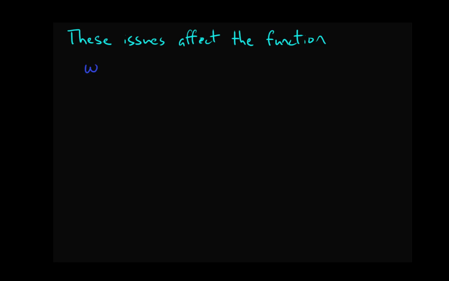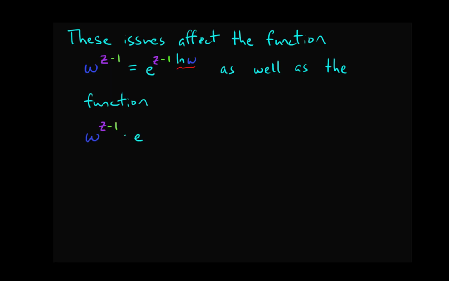For starters, just take the function w to the z minus 1. This would equal e to the z minus 1 times the natural log of w, the complex natural log, of course. And again, we have this branch point at w equals 0. It also affects the function w to the z minus 1 times e to the negative w, which is the function that we're trying to integrate here.